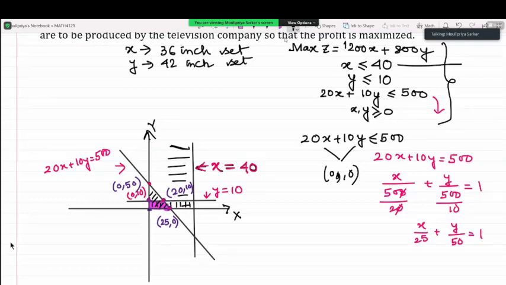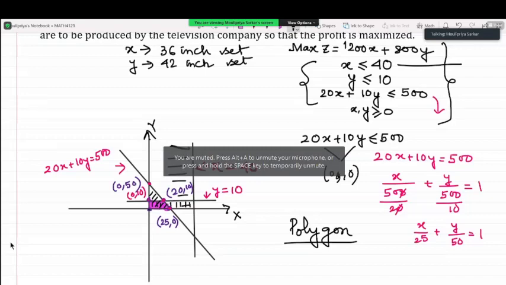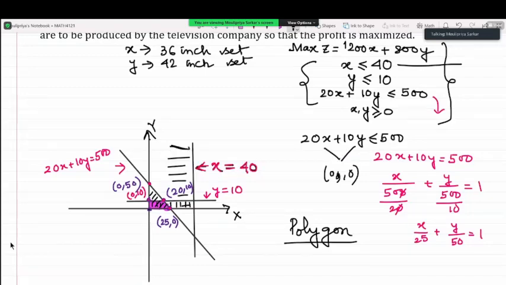Now, we have certain theorems which I'll be posting in the Google Classroom as reading materials, which say that we are getting a polygon that is satisfied by all the inequalities, and the maxima or the minima is going to lie only at the corner points of the polygon. I'll post the proof and reading materials in the Google Classroom; you can see it once you have time.